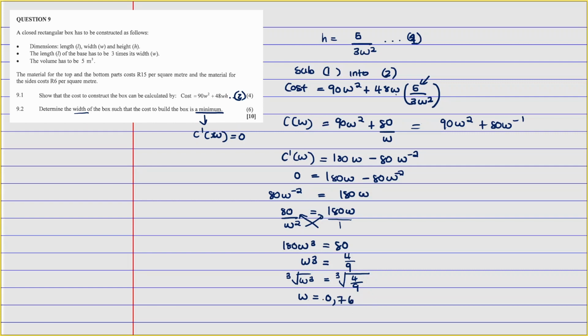So that is going to be your minimum width. Are you okay with that? Yes. So that's how you would solve this question. So the minimum width to minimize the cost is basically 0.76. So that's how you would do this question, Anna.